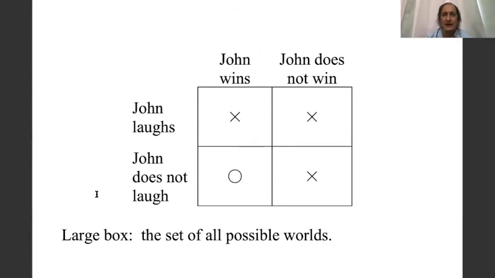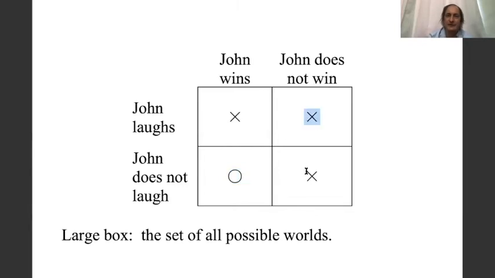That doesn't allow him to laugh. Okay? And we can diagram it this way. Suppose we have in the large box every possible world that exists. We're going to split those into separate subgroups. We want here and here in these worlds, those are worlds in which John wins.